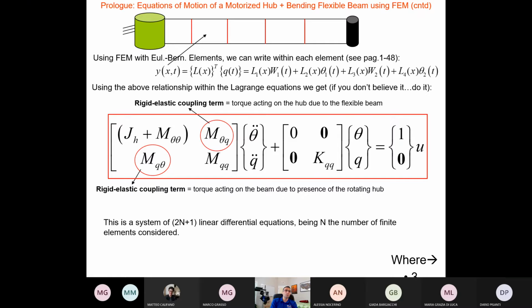Basically, the torque acts on the beam due to the rotating hub and vice versa. The beam itself flexing will act with the torque on the hub because it's flexible, and so these are the expressions that you get.